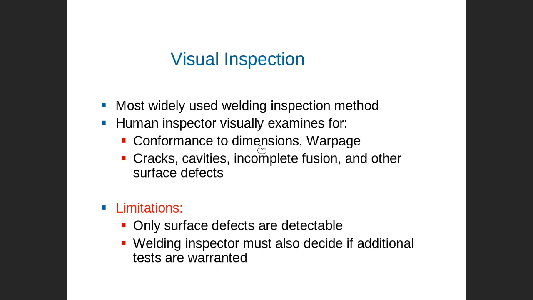Dimension, warping, distortion, crack, cavity, incomplete fusion, and other surface defects he checks visually, but this is limited to the surface defects. Welding inspection must also decide if additional tests are needed, because in some cases a defect happens not on the surface but below the surface.